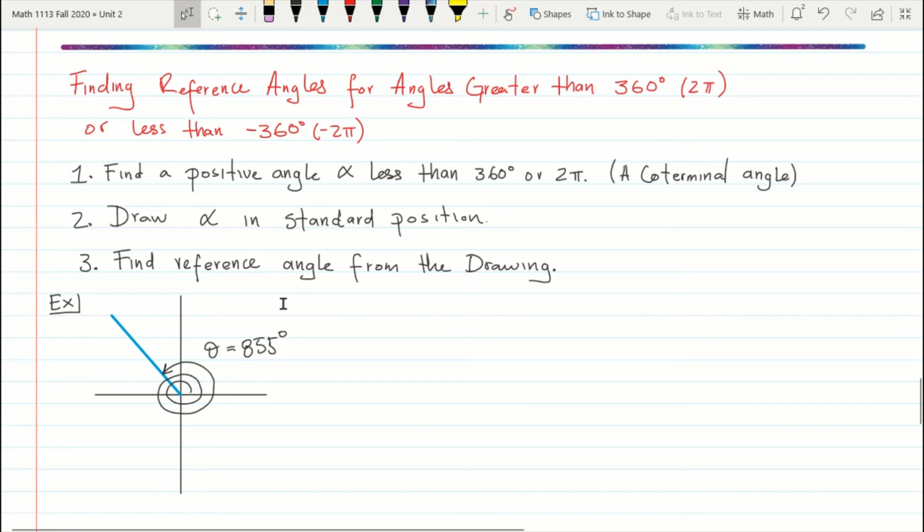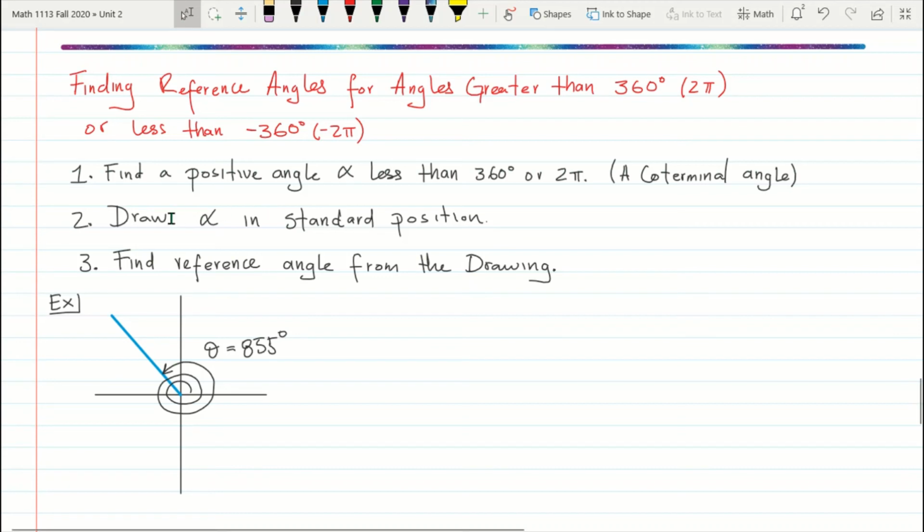Well, it looks like something in the picture: a terminal side that went around many times and has a very large angle. So you're trying to figure out what the reference angle of that is. What you want to do first is find a positive angle that is less than 360 degrees, right? You're looking for a coterminal angle.